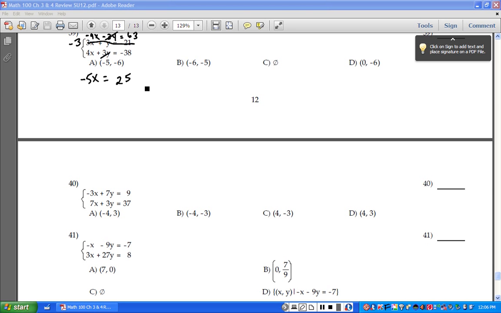Alright. So x would be negative 5. So I know what my x is. If x is negative 5, really that says that my answer choice has to be A for 39, but we'll go ahead and do it anyway.